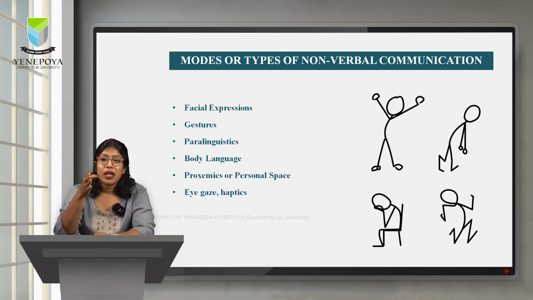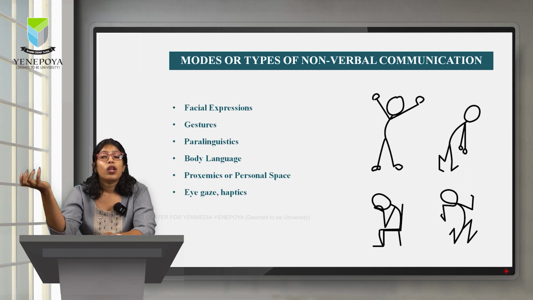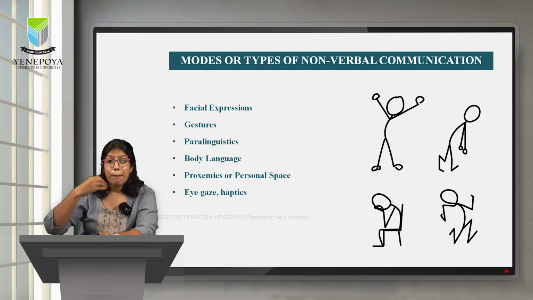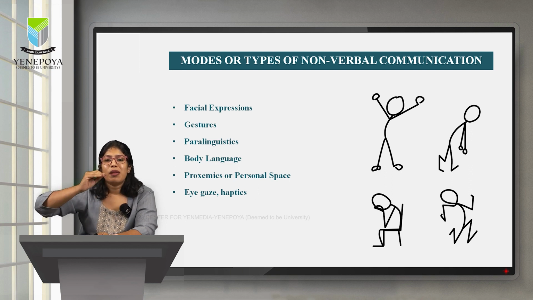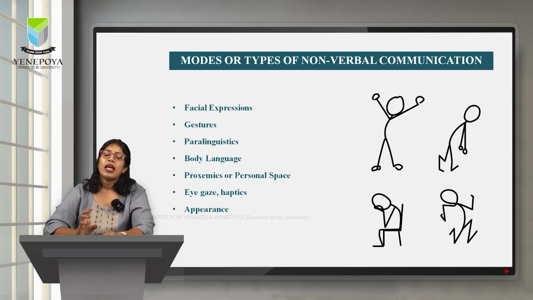You would again be maintaining eye contact and you'll be like, good job, well done, you've done wonderful. Or even when you're giving a hug, I know you cannot maintain eye contact, but before you go to give a hug, you will maintain a few fractions of a second of eye contact, showing them you care, showing them that love and comfort that they need, right? So this is to do with haptics.